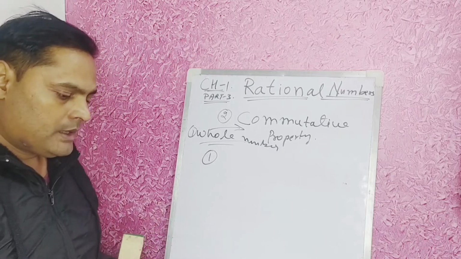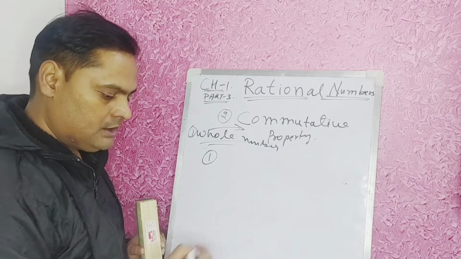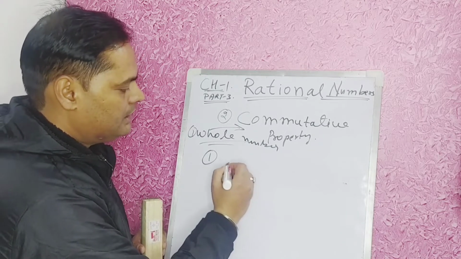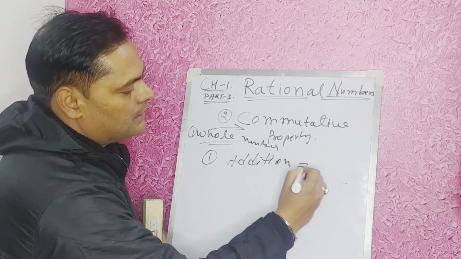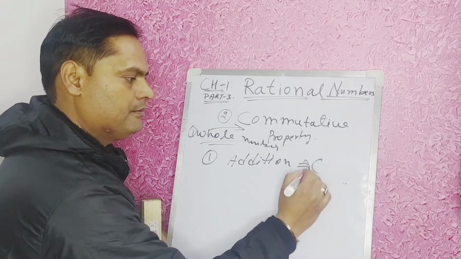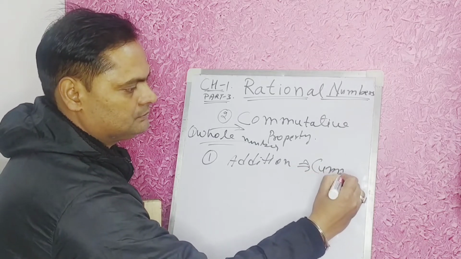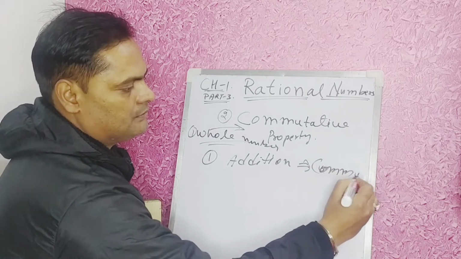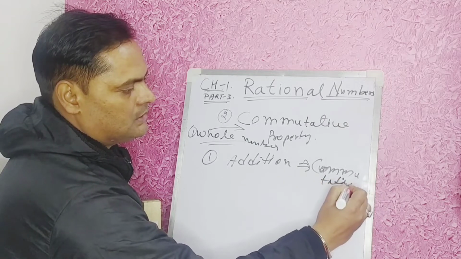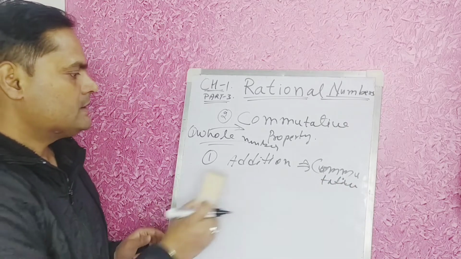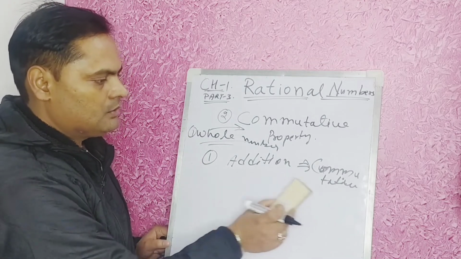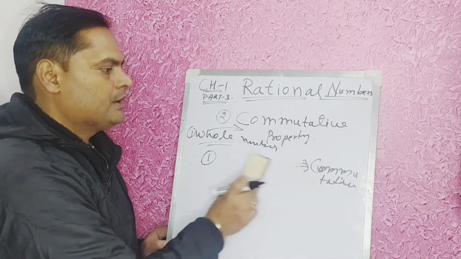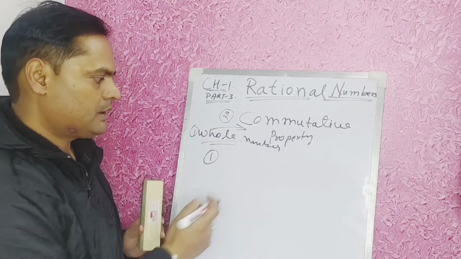So what our result is, yes, in addition it is commutative. So hence this is proved that in the whole numbers the addition is commutative, and it is meeting the expectation.